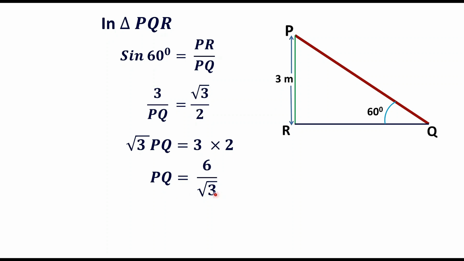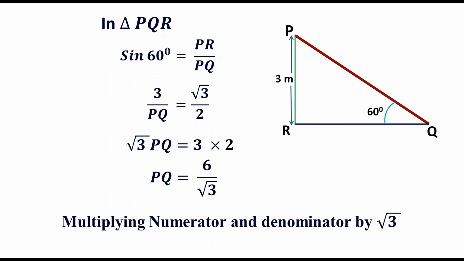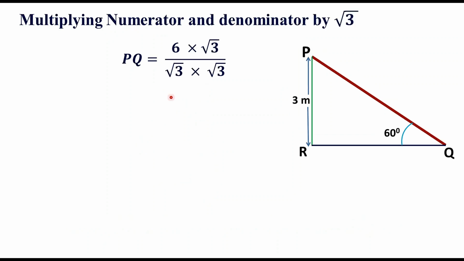So PQ is equal to 6 by root 3. Now rationalizing the denominator or multiplying numerator and denominator by root 3. So 6 multiplied by root 3 and root 3 multiplied by root 3.